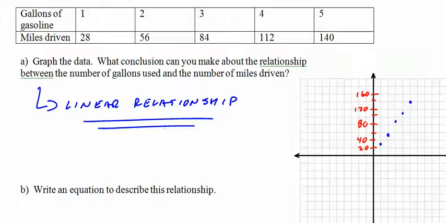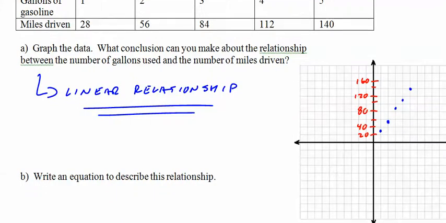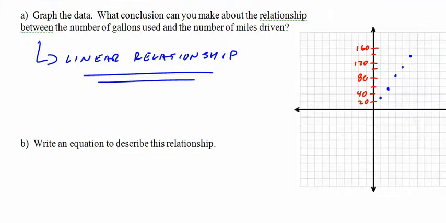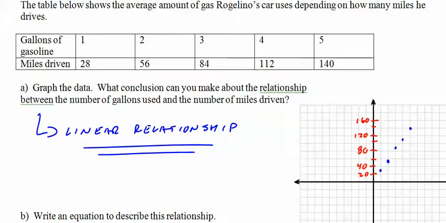Write an equation to describe this relationship. Well, if he hasn't driven anywhere, he's got 0 miles. Maybe I could do that a sub n thing. How much does it go up by each time? Well, that's tough. Here it goes up by 28. Here it goes up by 28.